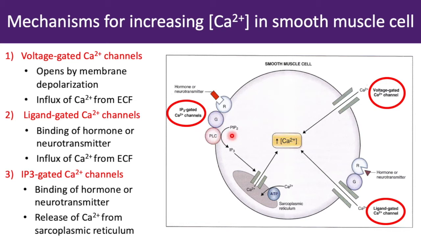Phospholipase catalyzes the hydrolysis of PIP2 to IP3. IP3 will then open calcium release channels on the sarcoplasmic reticulum. So calcium will be released from the sarcoplasmic reticulum into the ICF. So these are the three mechanisms for increasing calcium concentration in smooth muscle cells.